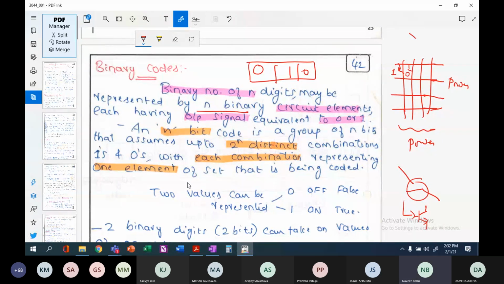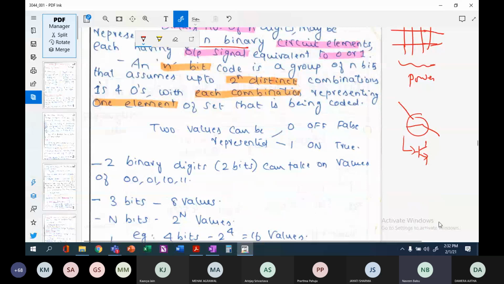Coming to the values of these n bits, the number of distinct combinations of a binary code is 2 power n. If I say I am going to operate in 3 bits, then 2 power 3, which is 8 combinations, are possible.